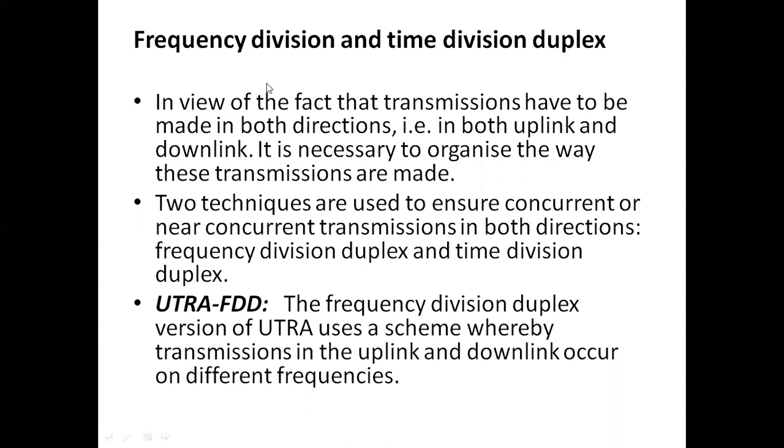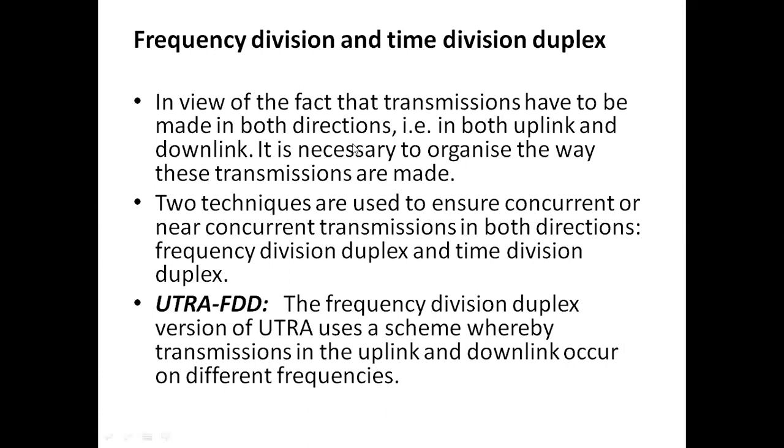The first one is UTRA FDD. FDD means frequency division duplex. The frequency division duplexing version of UTRA uses a scheme whereby transmissions in the uplink and downlink occur on different frequencies.